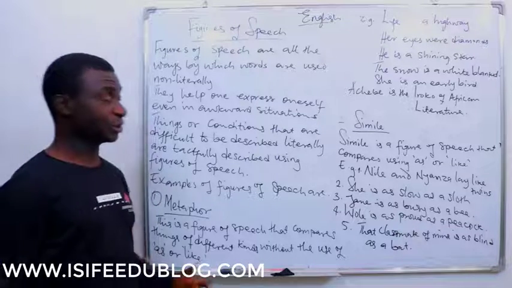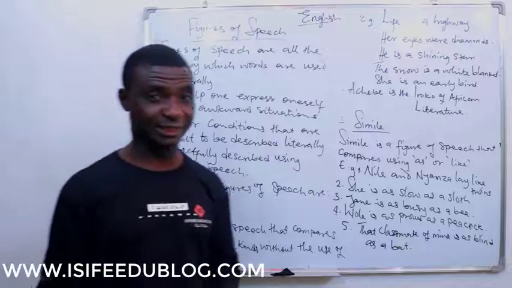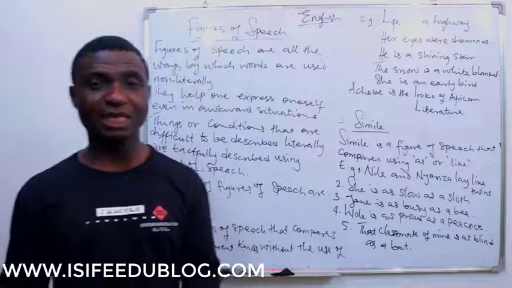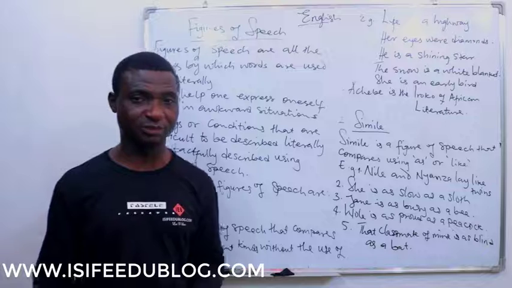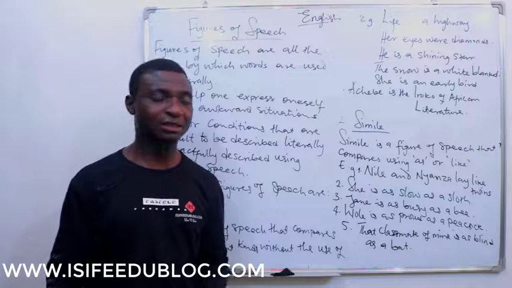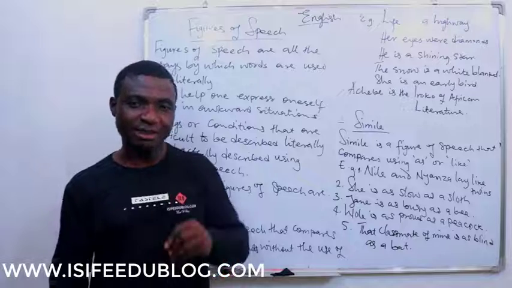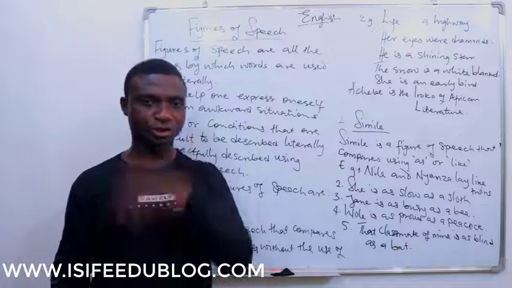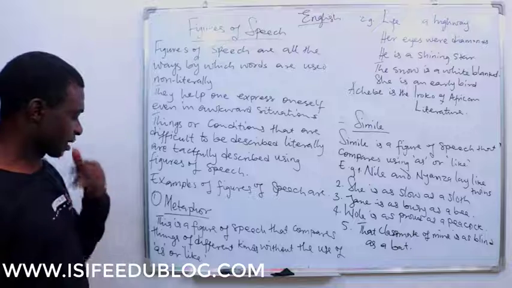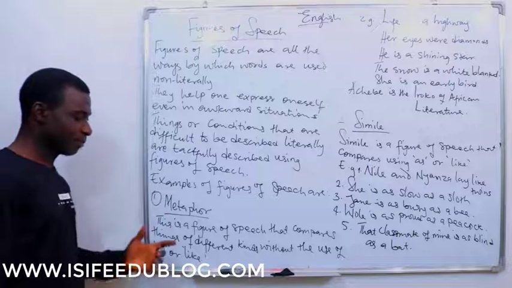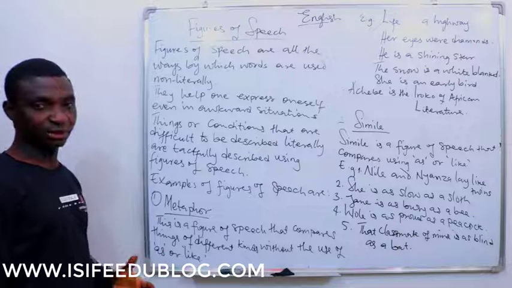Metaphor is also known as compressed simile. Simile and metaphor are figures of comparison. But while simile makes the sentence long, metaphor makes the sentence short, because it compares without the use of as or like.